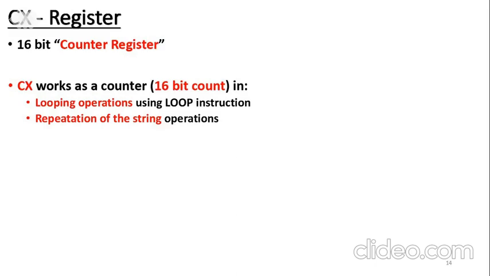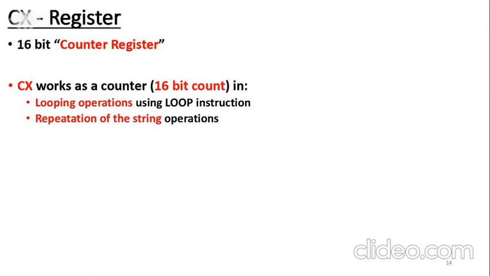As we know, in case of looping, a set of instructions which we define as a loop, we want to execute multiple number of times. Then before we start that particular loop, we define the counter CX and load the corresponding count there.